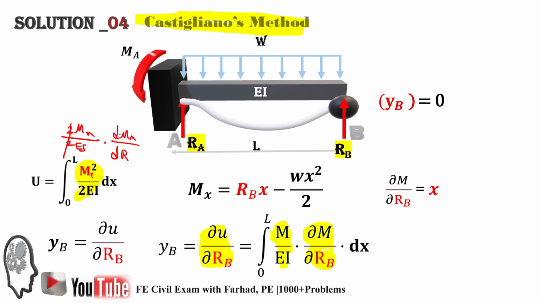These two cancel out, so that's Mx over EI times partial M over partial RB. That's how we can get it here.